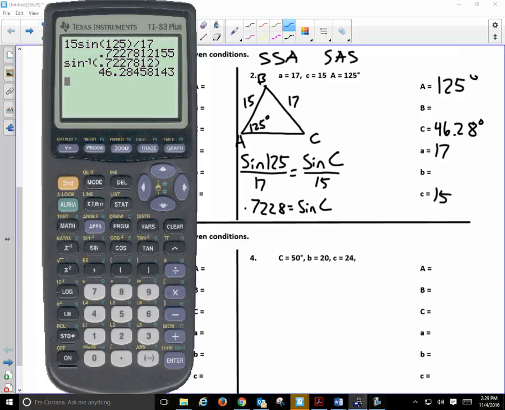Am I able to find angle B now? Subtract from 180. 180 minus 125 minus 46.28. 8.72. How do I find side B?